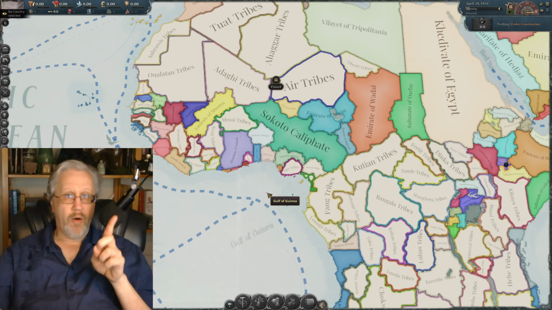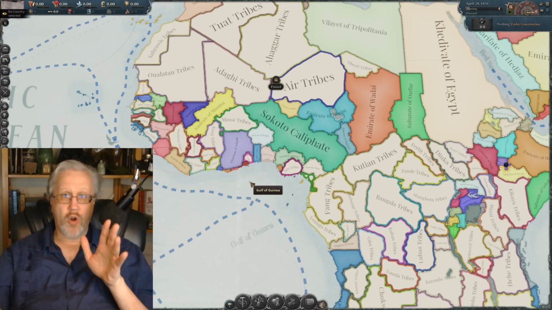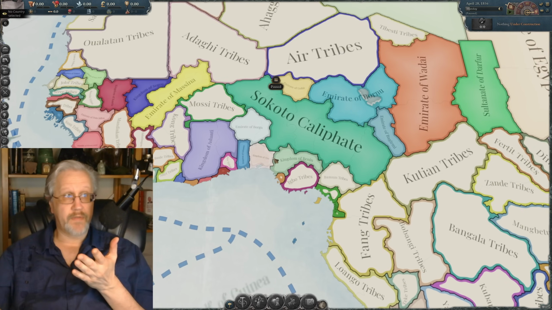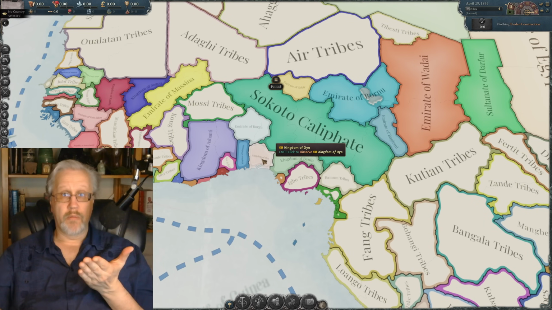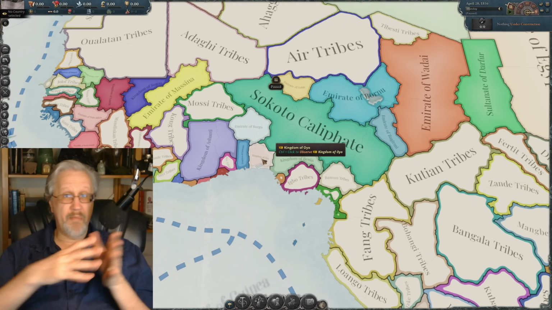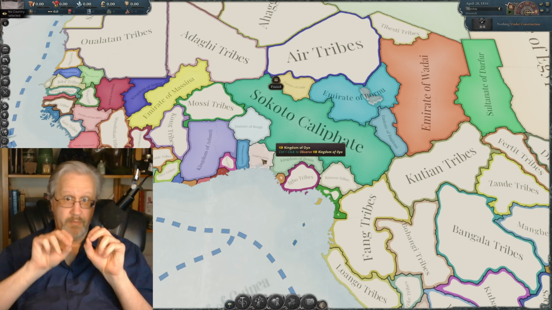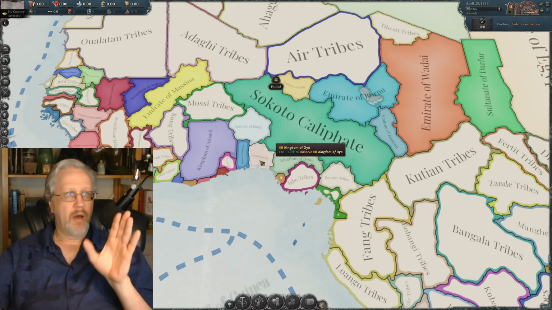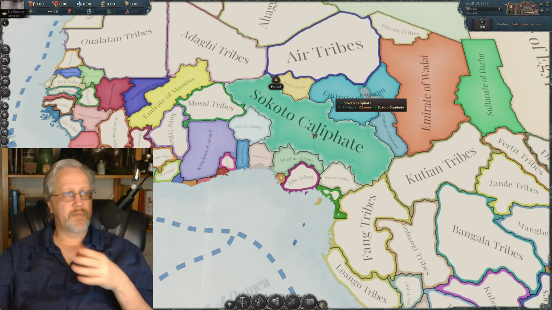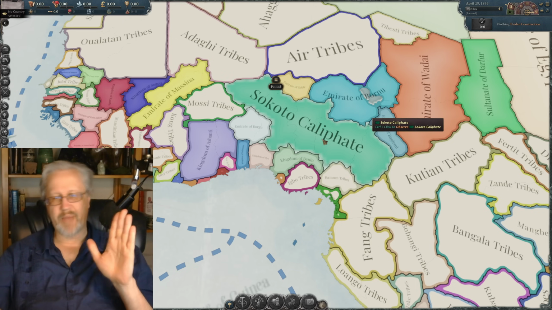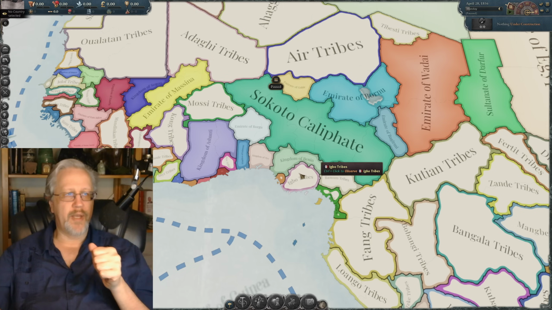We could right now also take an army, load it up on boats, and invade one of these coastal enclaves here, and knock it over, conquer it. And we'll expand our empire faster this way than if we do just regular colonialization that goes bit at a time. Conquer Oyo, Borgu, the Sokoto Caliphate, the Emirate of Borgu, just knock them all over, pay the infamy costs, and just keep rolling.